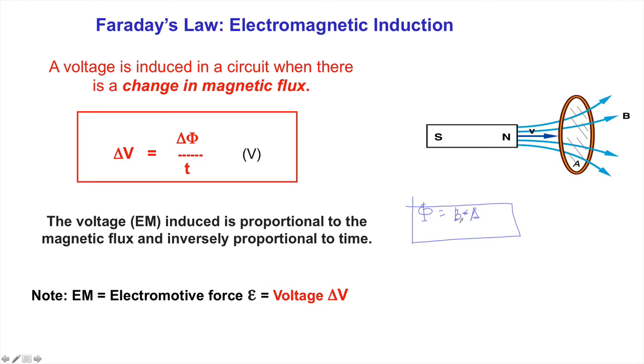Phi represents magnetic flux, equal to B times A, where phi is magnetic flux, B is the magnetic field strength, or just simply magnetic field, and A is the area across which that magnetic field flows.